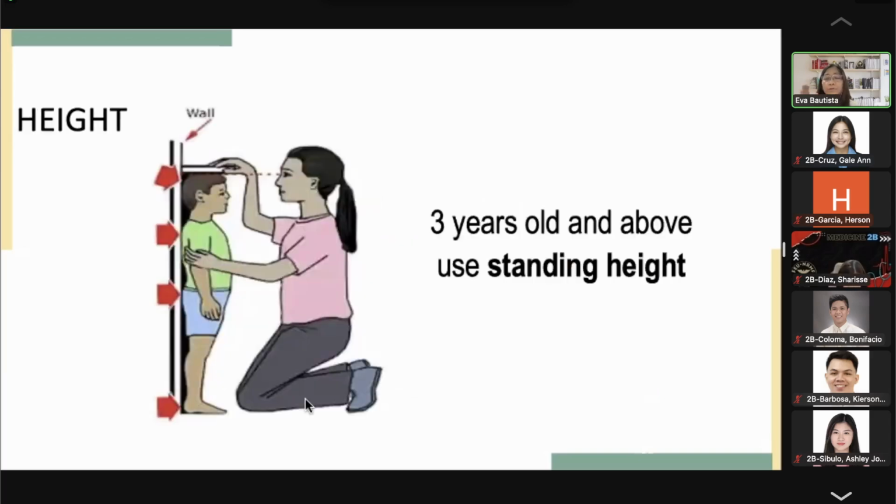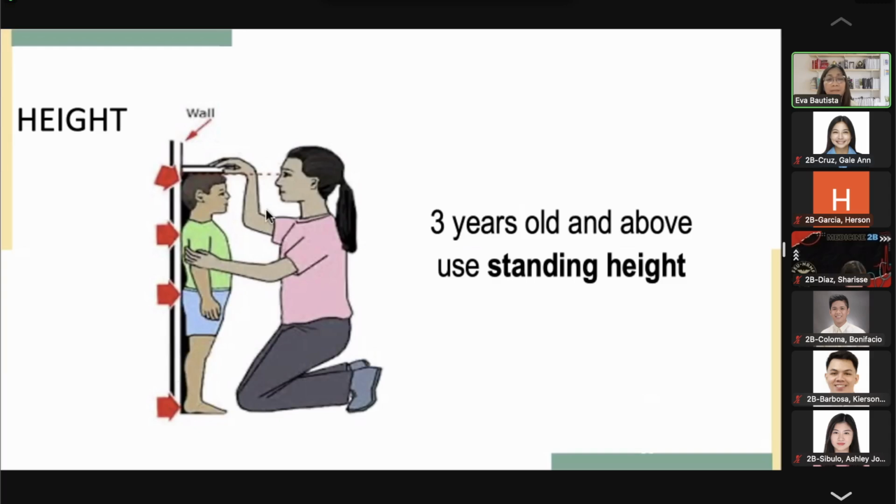So for children 3 years old and above, we ask them to stand up, and this is how we get the height measurement. They stand erect with their back against the stadiometer. We call this a stadiometer. And look at it, the occiput, the upper back, the buttocks, and the heel touch this stadiometer.